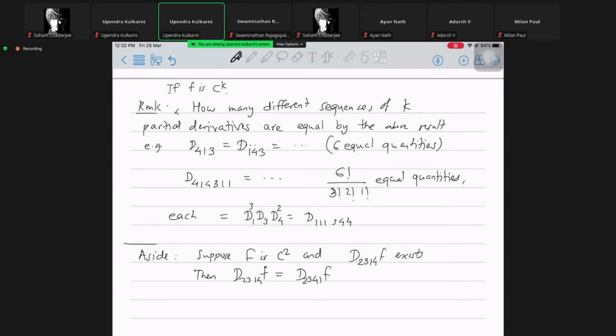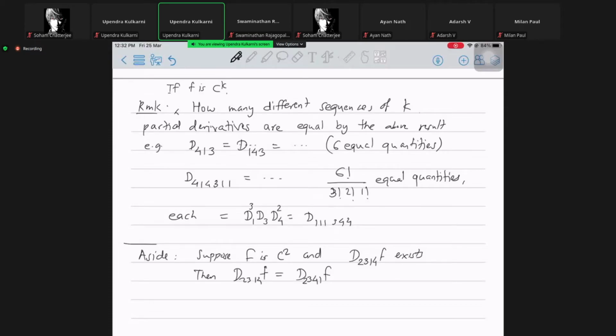Then this becomes a function on some open set in R2. Right? I have intersected the given open set with R2 to get an open set in R2. And now the old proof just applies directly, and I will get D14 of F at the given point is equal to D41 of F at the given point.